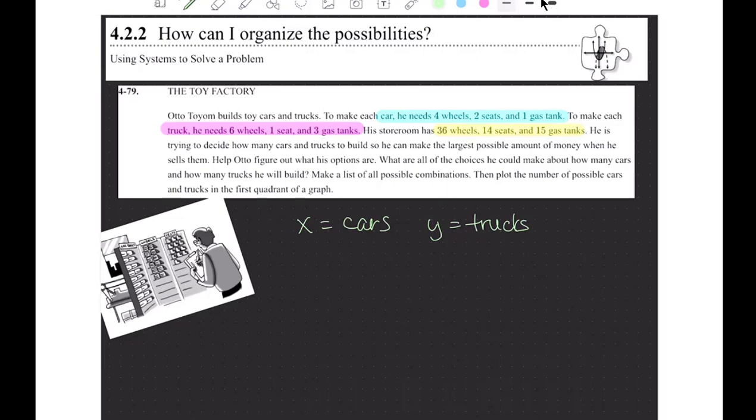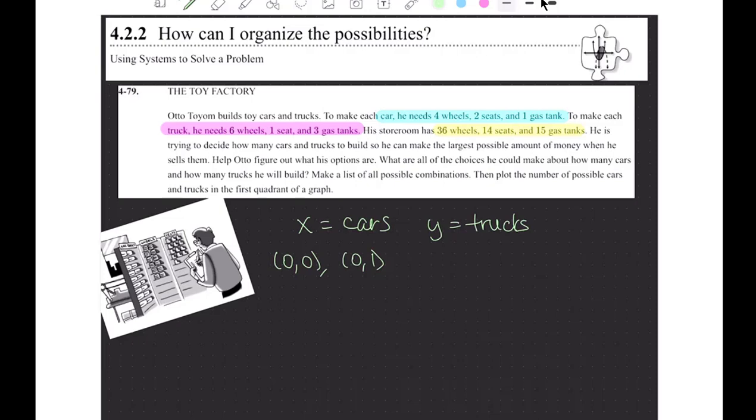So we could make nothing at all. If we think of our coordinate pair, we could make 0 cars and 0 trucks, right? Could we make 0 cars and 1 truck off of the supplies that we have? Yeah, we have enough.